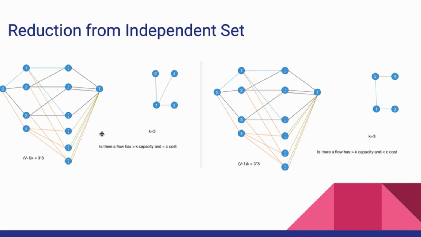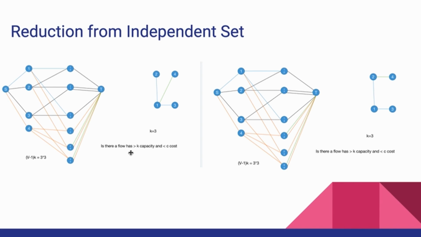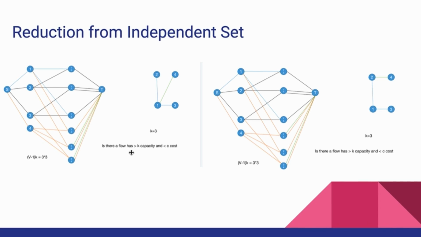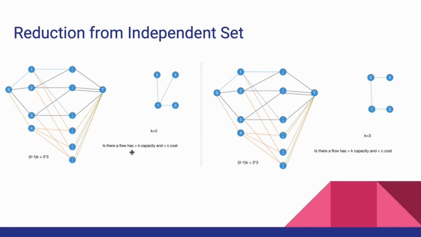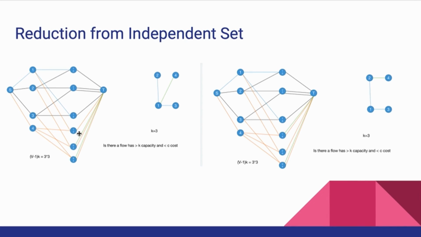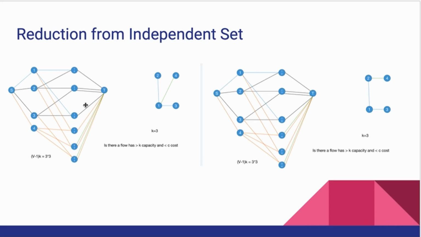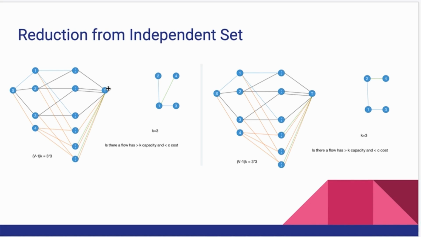So if you want to look at each edge and look for a flow with the minimum cost, you look into each one, calculate the cost, and choose the smallest one. It still costs exponential time.